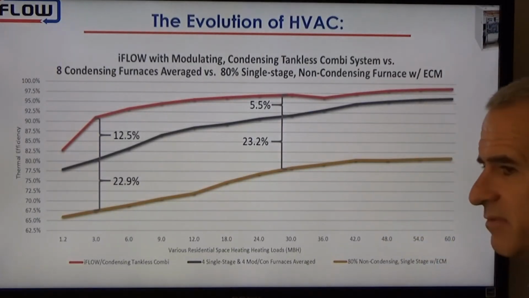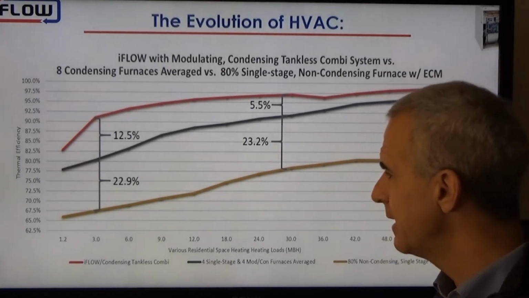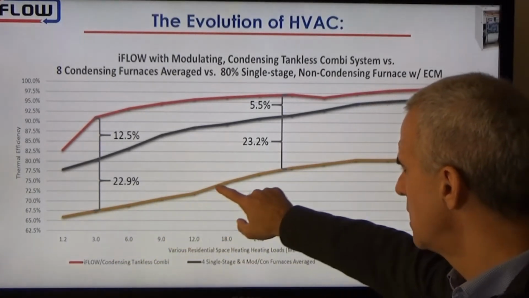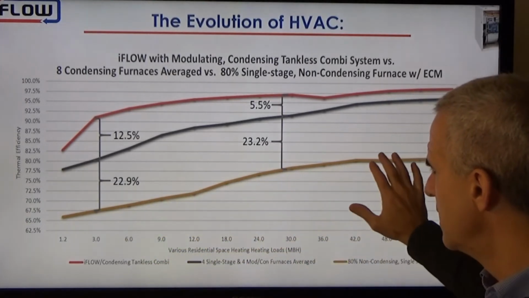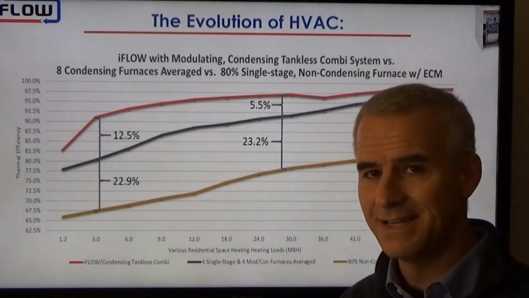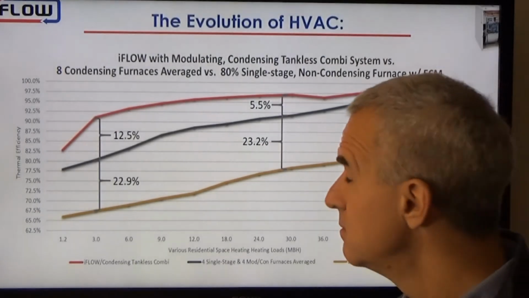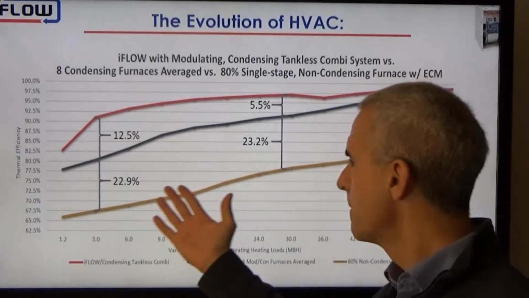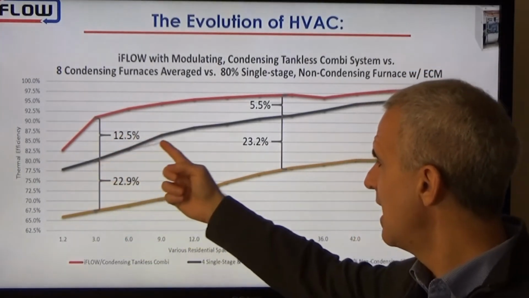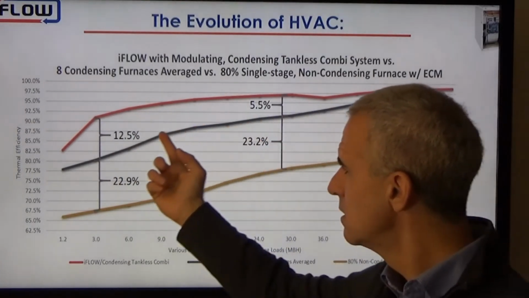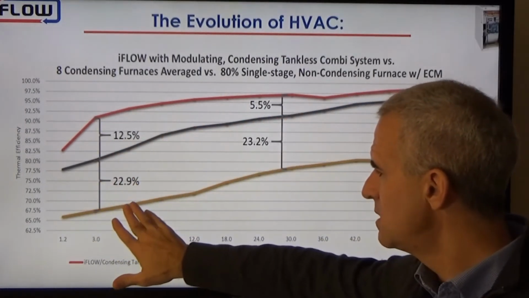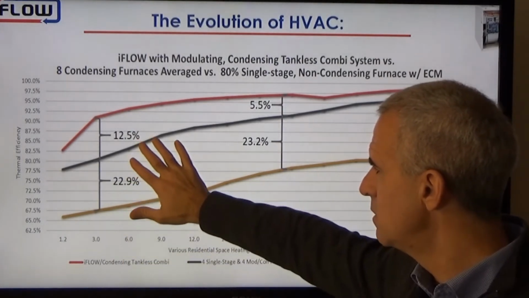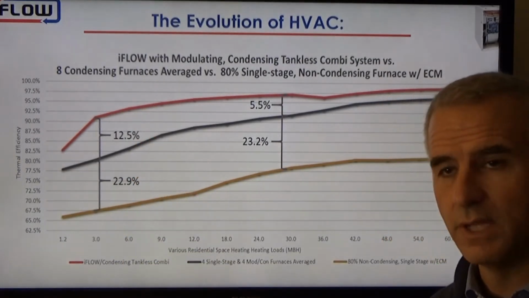In terms of the industry and looking at it, this gold line at the bottom represents an 80% single stage non-condensing furnace with an ECM motor. And then we step up into the average condensing furnace. So you see there's a significant increase from the single stage non-condensing up to the condensing, which is great for the industry.